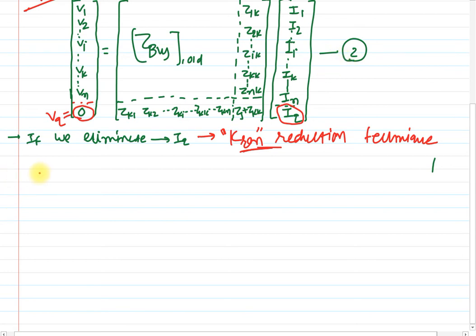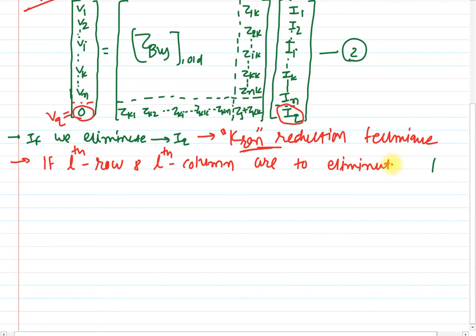So it is a mathematical process. Generally we can say, if the Lth row and Lth column are to be eliminated, that means here in our case we have Vq equal to 0, and we will assume that we eliminate Iq from this equation number 2.